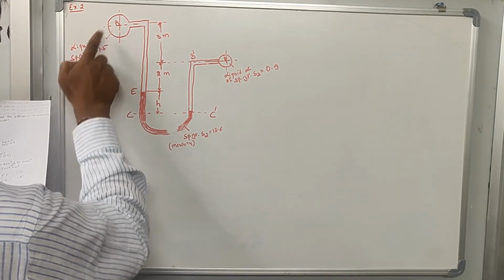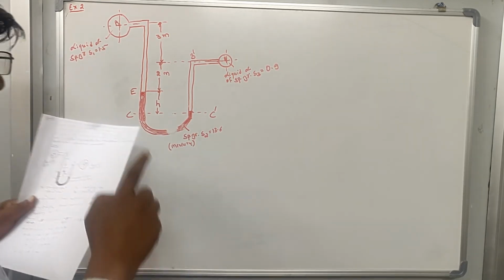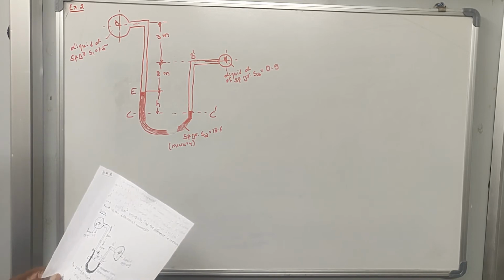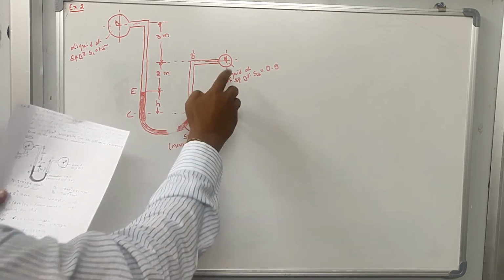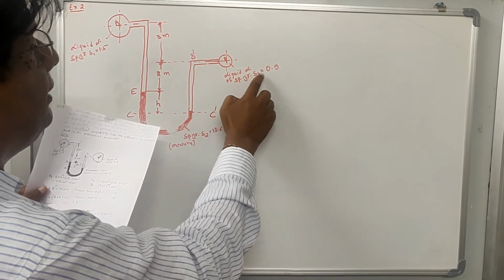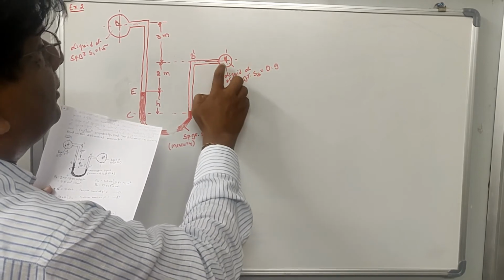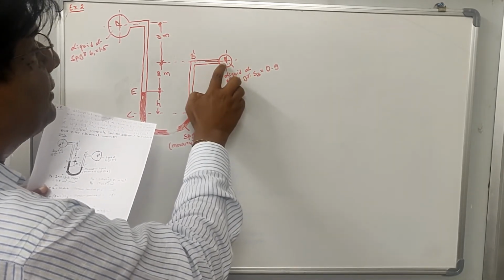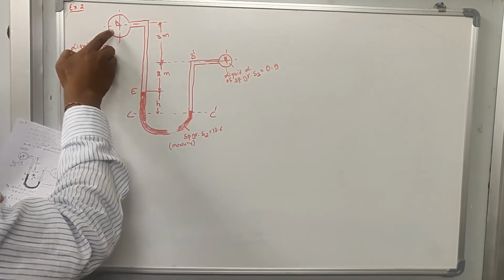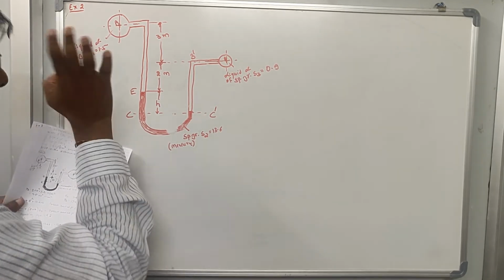Pipe A contains a liquid of specific gravity S1, that is 1.5, and pipe B contains a liquid of specific gravity S3, that is equal to 0.9. It is given in the problem. The liquid flowing inside pipe B has specific gravity 0.9, and the liquid flowing inside pipe A has specific gravity 1.5.